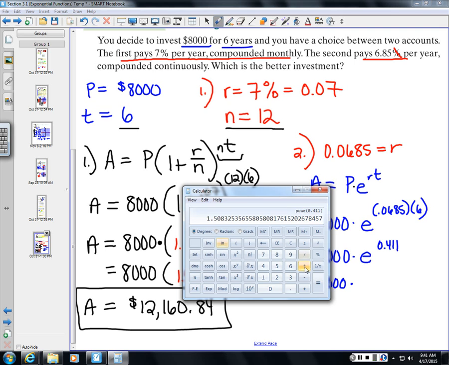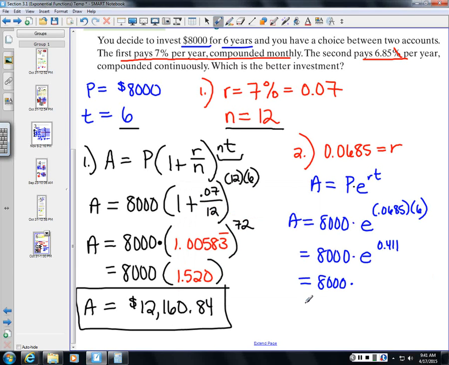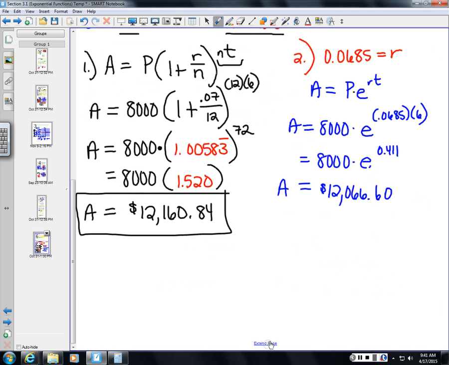And then multiply that by my principal of 8,000, and we should get a number pretty close to what we got in scenario 1 because there's not much difference between these two. And you can see that I do. I get 12,066.60 for my amount.